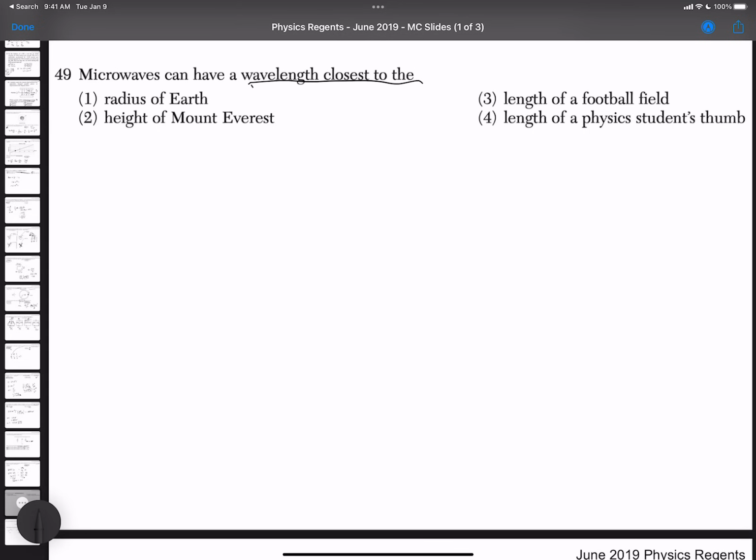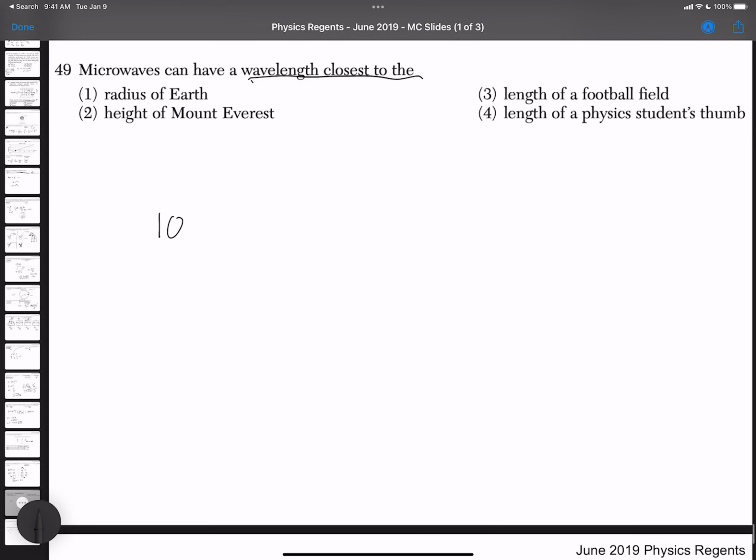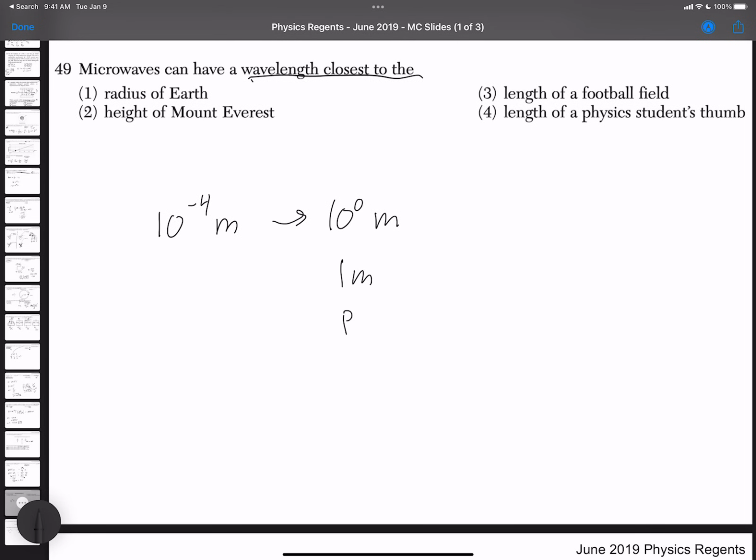So I'm going to page 2 of the reference table, looking at the electromagnetic spectrum, and I see that microwaves range from 10 to the negative 4 meters up to 10 to the 0 meters. Well, 10 to the 0 meters is 1 meter. That's like the size of a person-ish. A person's like 2 meters tall. And 10 to the negative 4 meters, that is a tenth of a millimeter, right?